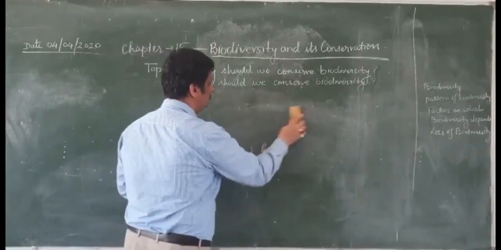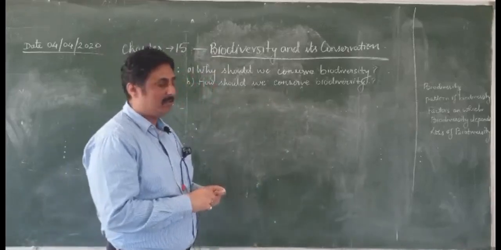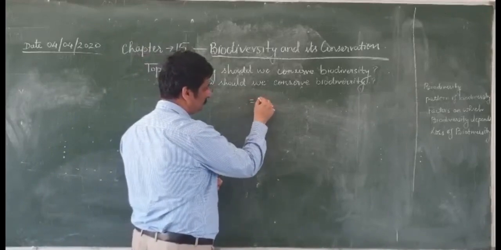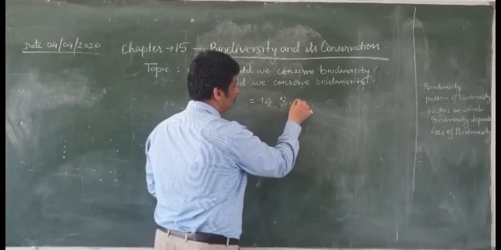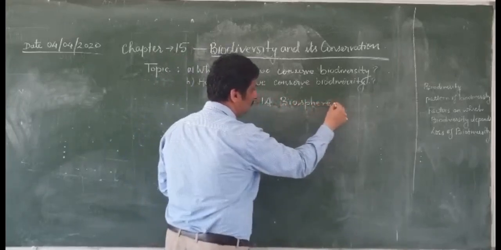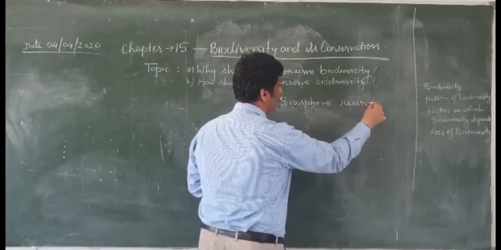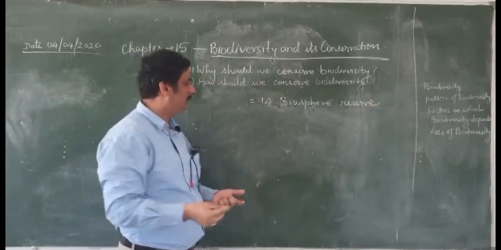Now, in situ conservation, we have about 14 biosphere reserves in India. Here animals and plants are being protected.